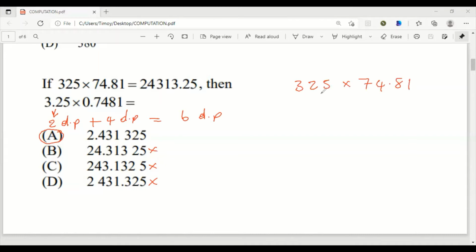What did they do to 325 to end up with 3.25? They actually divided this number by 100. And what did they do to 74.81 to end up with 0.7481? They also divided this number by 100.